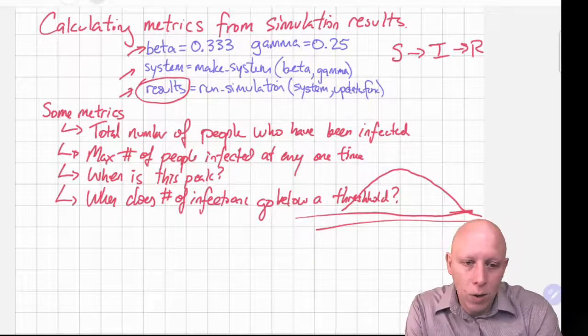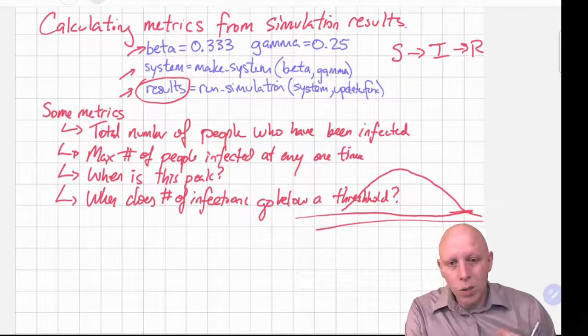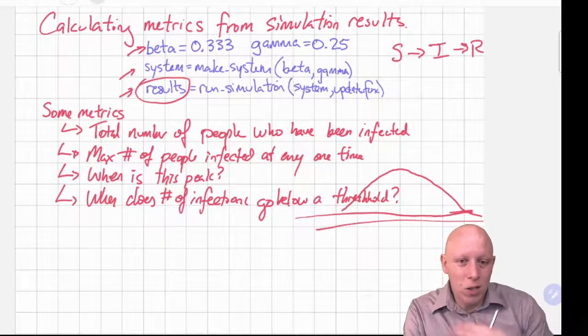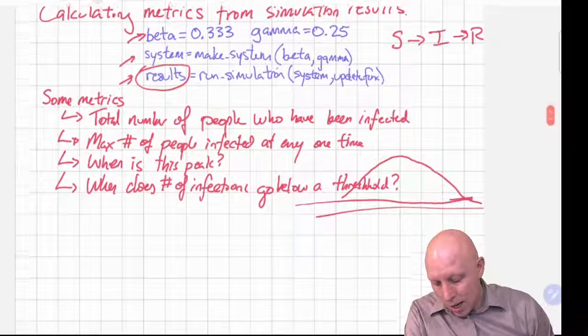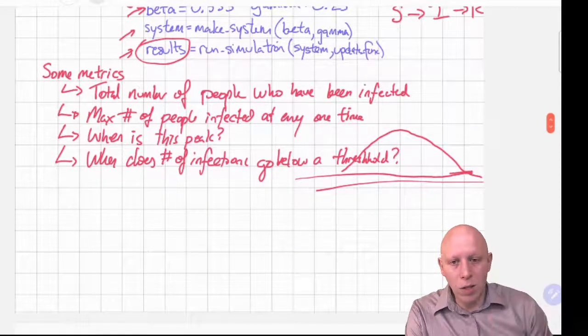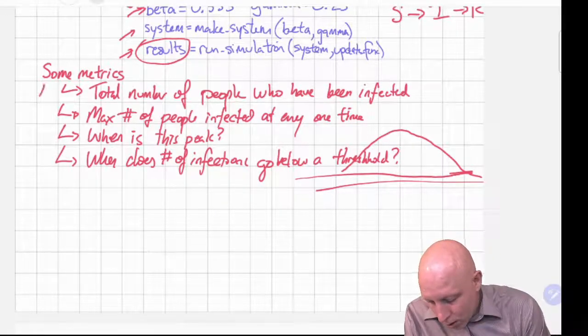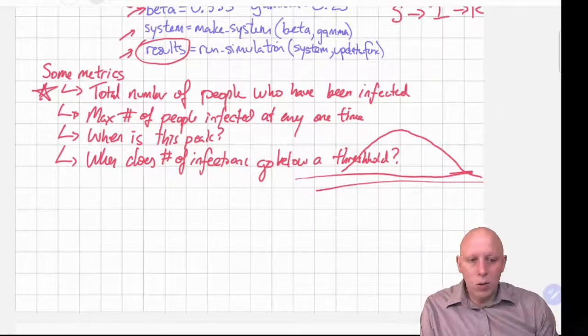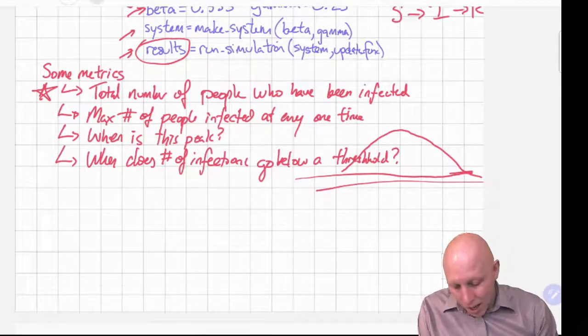All right, so here are different metrics, and what we might want to do is take our simulated results and see what those metrics are on those results. So let's focus on this one. What's the total number of people who have been infected at any time?